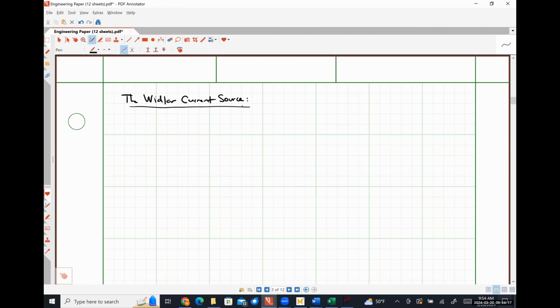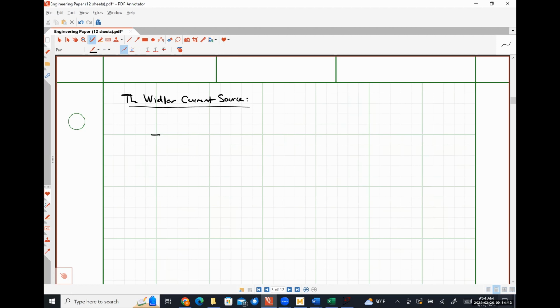That being said, this Widlar current source is actually a part of the band gap reference circuit that I introduced earlier, and this is also actually the current source that's used to bias an op amp, like the 741 op amp that we very regularly use, okay?